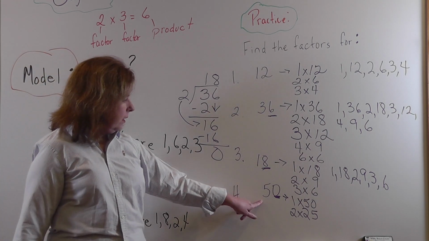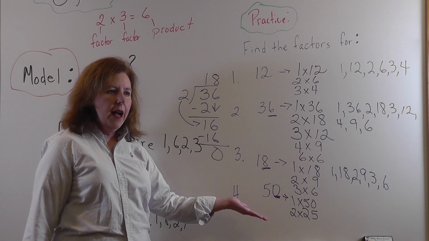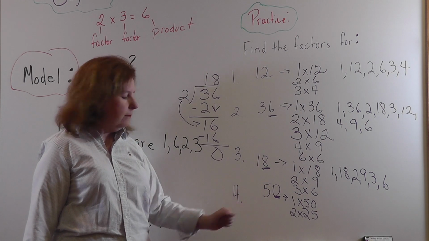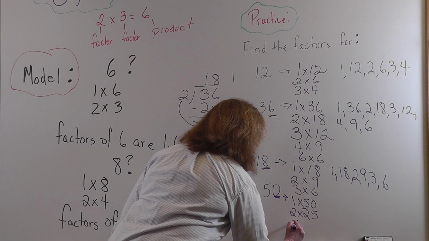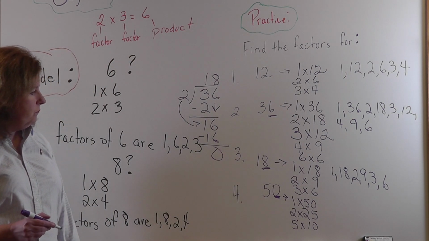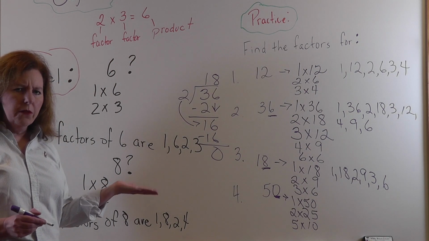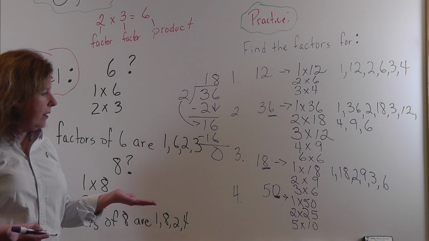Okay? And then I go on and I think in my head other factors of 50. I know 5 times 10 is 50. Now I think to myself, are there any more? No, there are no more factors of 50.